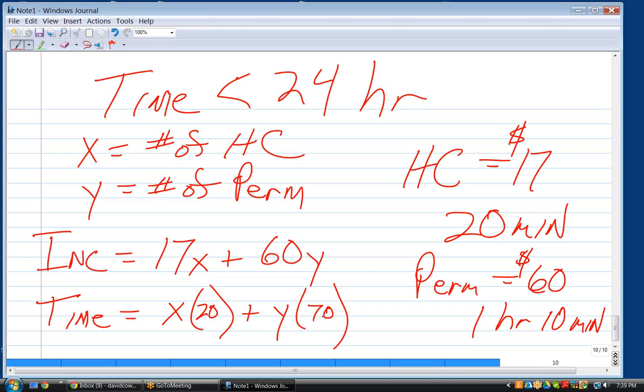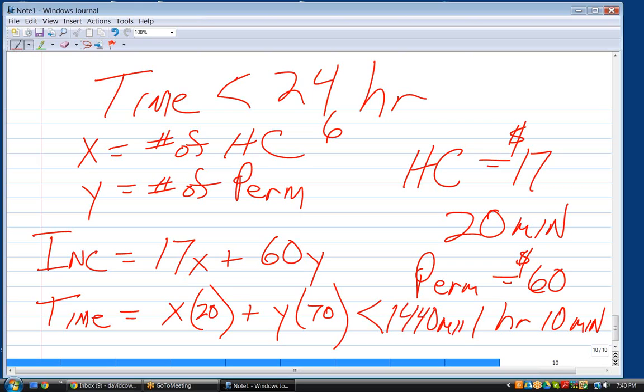So this function, less than 24, now I've got everything in minutes, so let's make this in minutes also. That's one thing you have to be a little careful with here. You can work a total of 24 hours, which is 1,440 minutes.